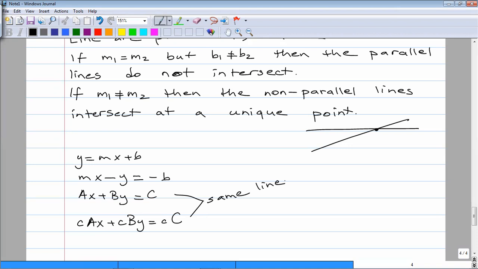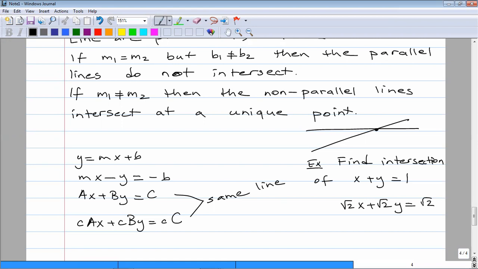So the question may ask you, for example, find the intersection of, let's say, x plus y equals 1 and root 2x plus root 2y equals root 2. Of course, they are the same line.